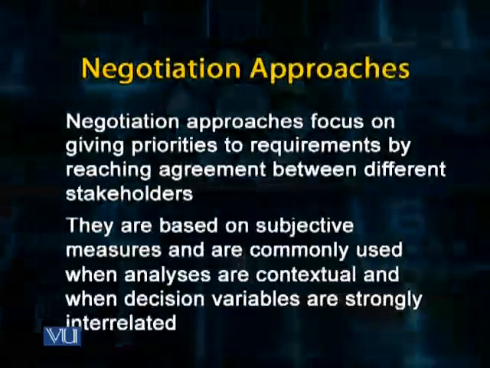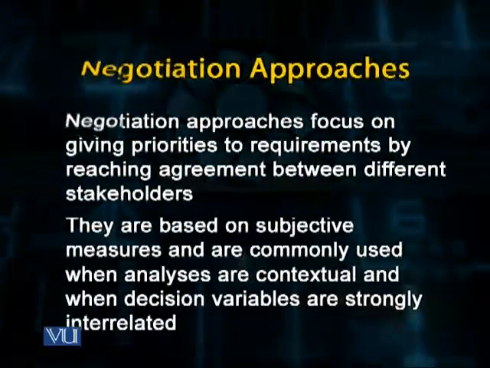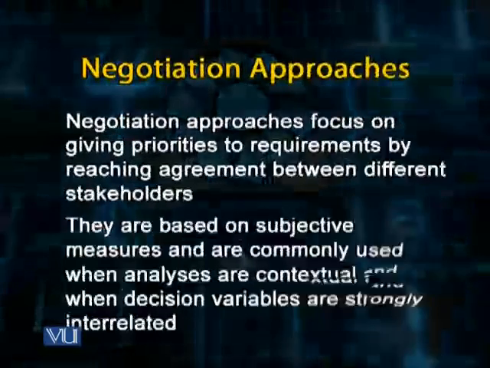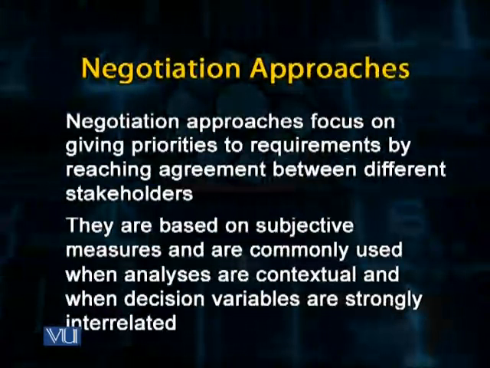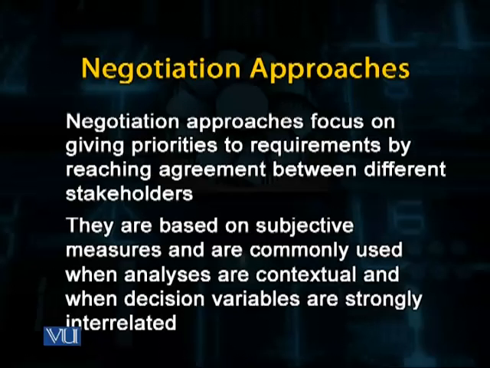And so the fundamental difference between the methods and the negotiation approaches to requirements prioritization is that the methods are quantitatively based. The results can be compared with ease, because you have a numeric or other quantifiable value attached to it, while in the negotiation approaches for requirements prioritization, the focus is on reaching consensus between different stakeholders so that they can agree on which requirements are to be included in the next iteration.